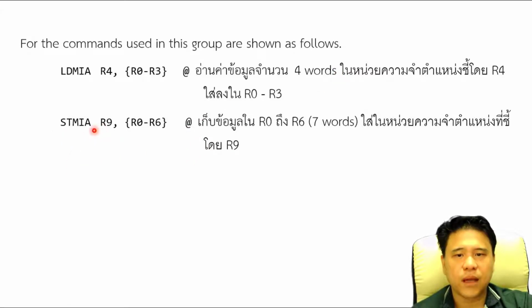How about this one? They would like to store R0 to R6 into the location pointed to by R9. The explanation of this command is they try to store the data from R0 to R6, 7 words, into the location in your memories pointed to by R9.